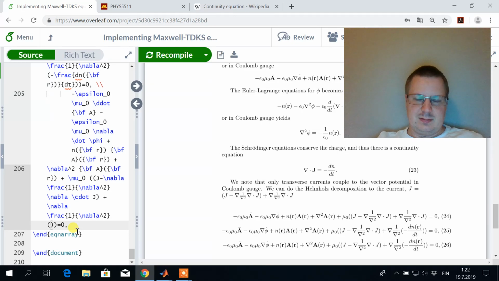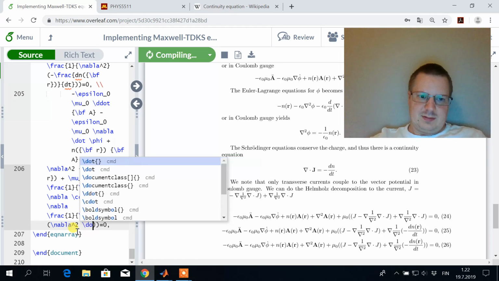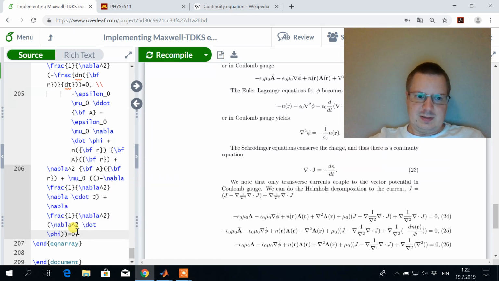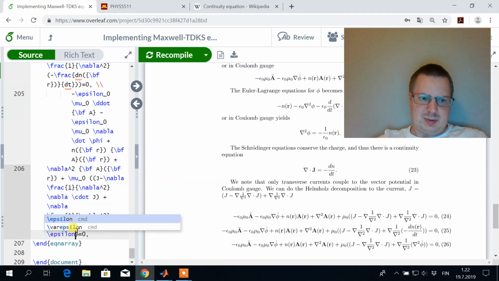This is what we substitute with nabla squared phi dot, and then there needs to be epsilon 0.